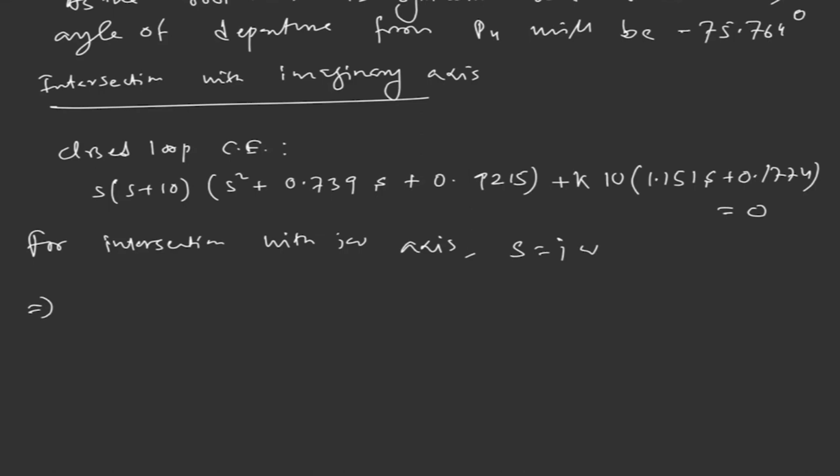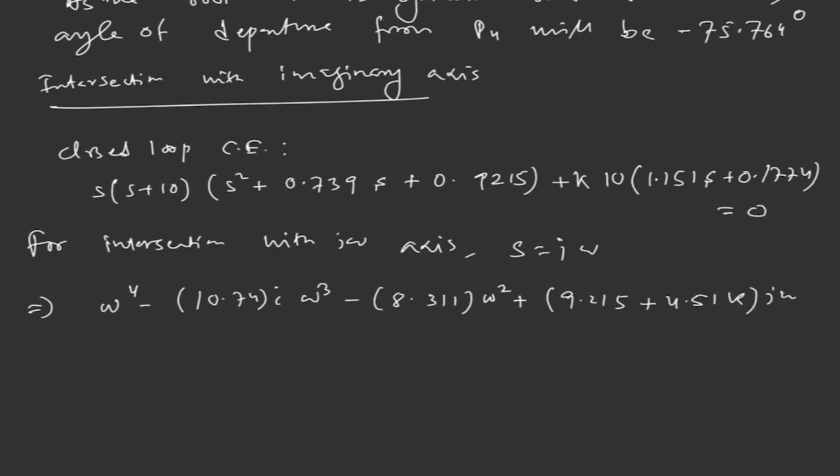So finally, we'll have the expression omega to the 4 minus 10.74 j omega cubed minus 8.311 omega square plus 9.215 plus 4.51 K j omega plus 1.774 into K equal to 0.